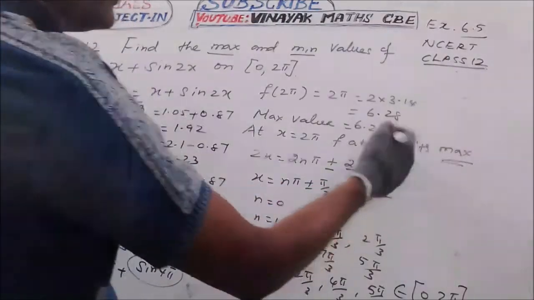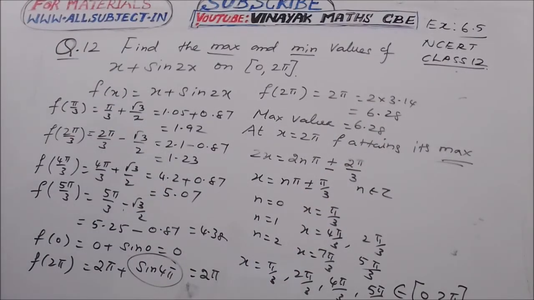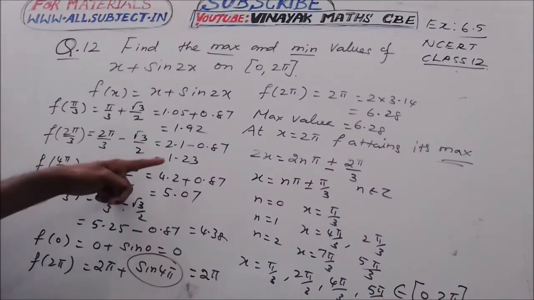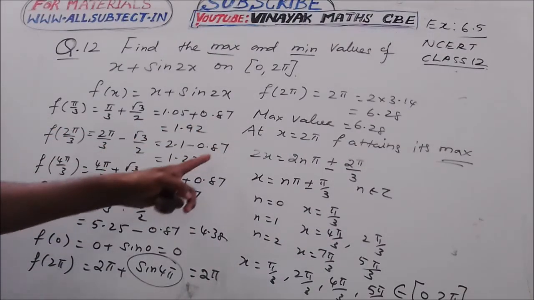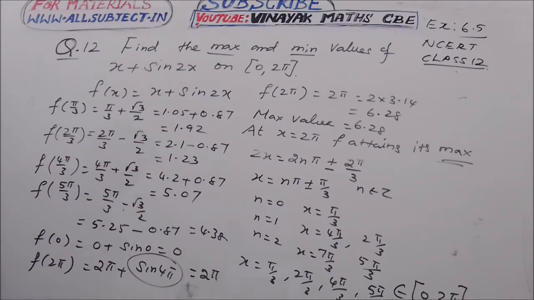The maximum value is 6.28, and for the minimum, the least value, comparing these values 1.9, 1.23, 4.38, the value 1.23 is the least. And also we have 0 here, so 0 is the least value comparing all these values.